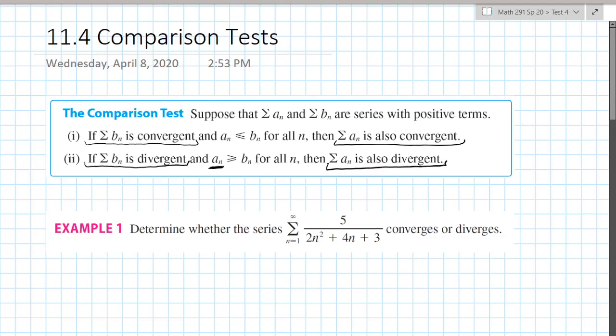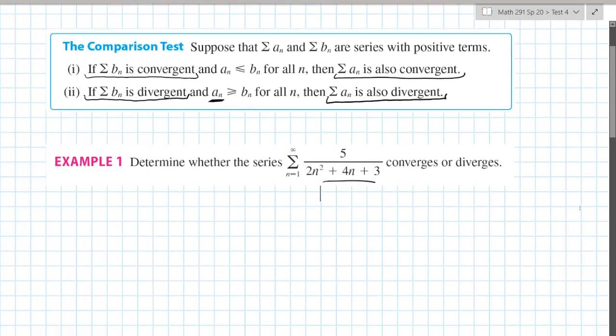So here's an example. This is more complicated than some of the ones we've seen previously. Notice these extra terms down in the denominator. We want to compare this to a known series. If I didn't have to worry about these other terms in the denominator, this would be an easier problem to work with. So let's call our b sub n 5 over 2n squared.